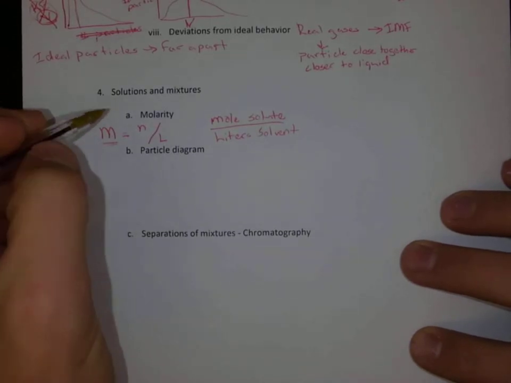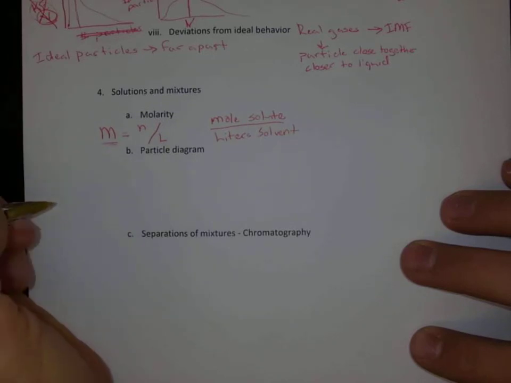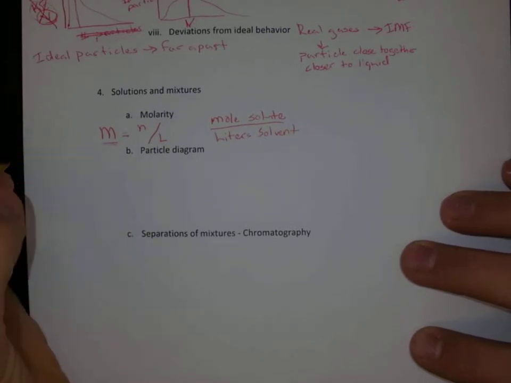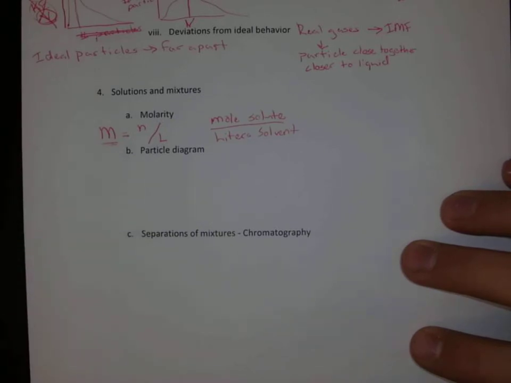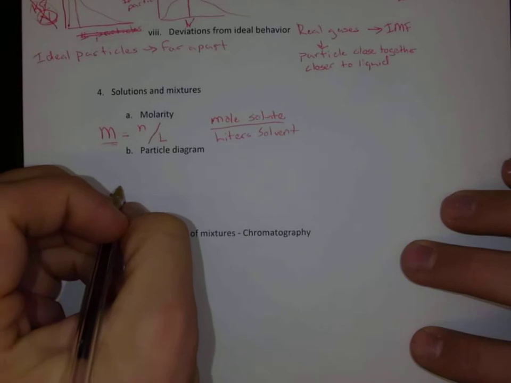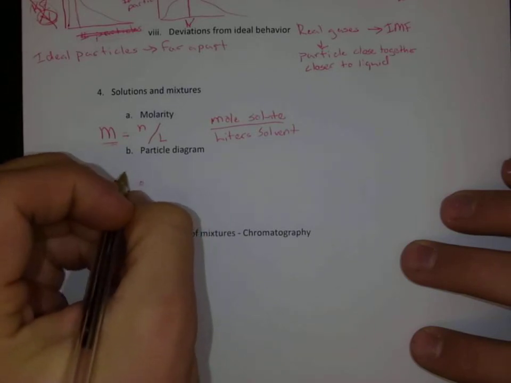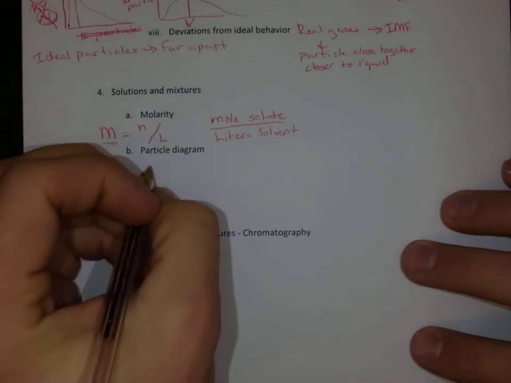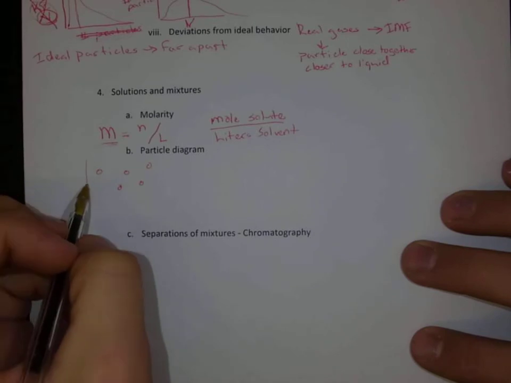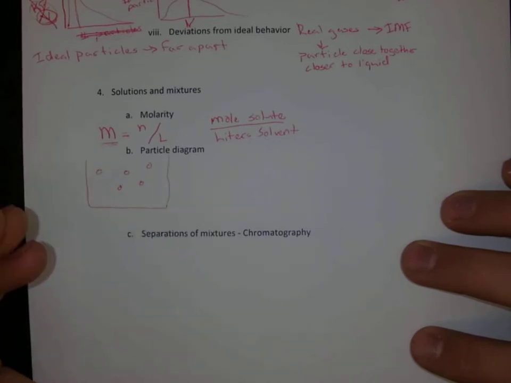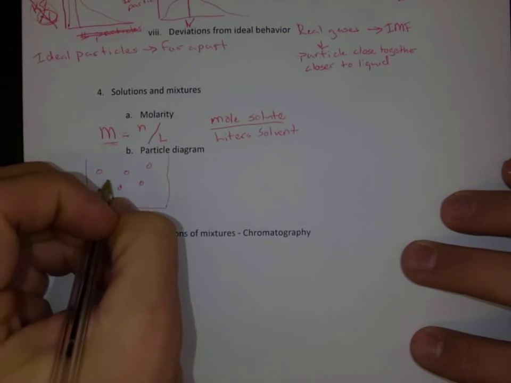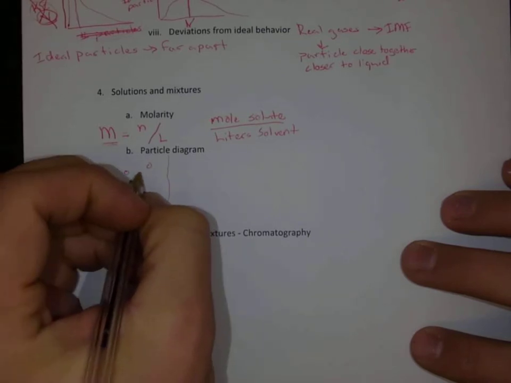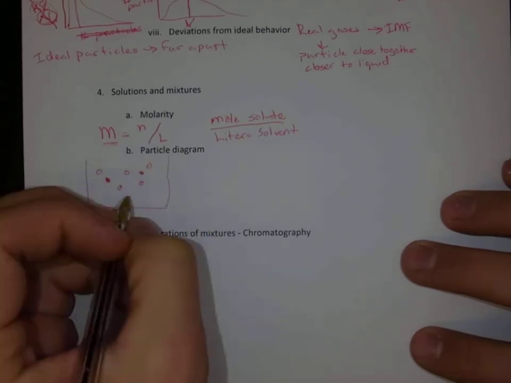But within our solutions and mixtures, we want to be able to draw particle diagrams. Our particle diagrams for solutions or mixtures are going to have two different pieces in them. We should be able to show the concentration of a second piece.